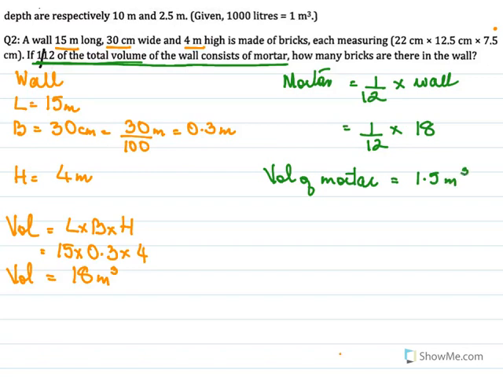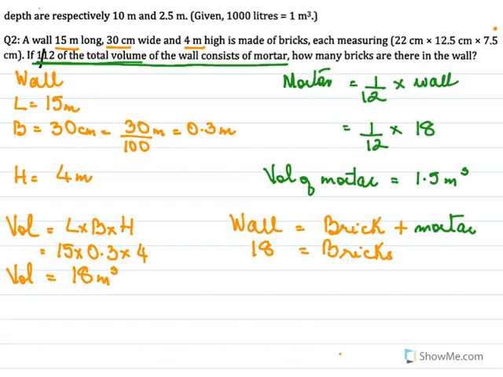So now this wall is made up of two things. It's made up of the bricks plus the mortar or the cement. We know the wall was given as 18. The volume of the bricks, the total volume of all the bricks, we don't know. Mortar was 1.5. It is 1/12 of the wall.